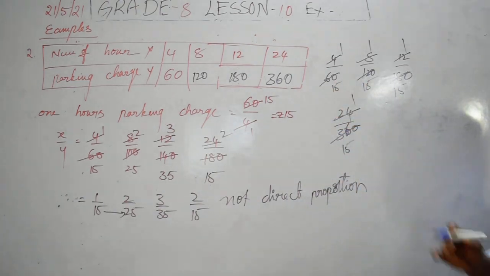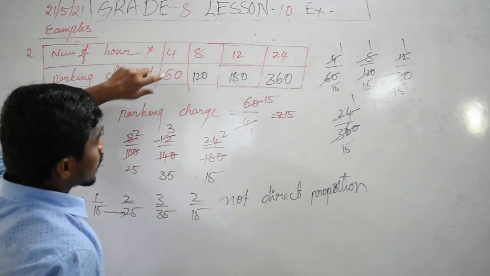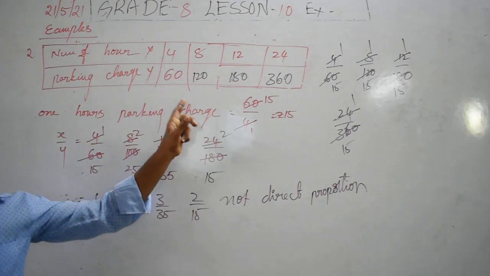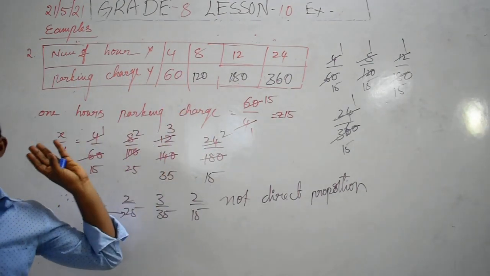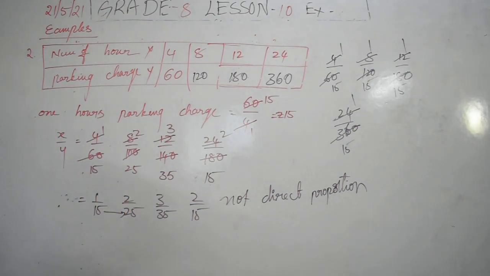Here see, equal constant increasing. This is direct proportion. But the earlier one is increasing but not constant, so it is not a direct proportion. Direct proportion means increasing constant or decreasing constant.